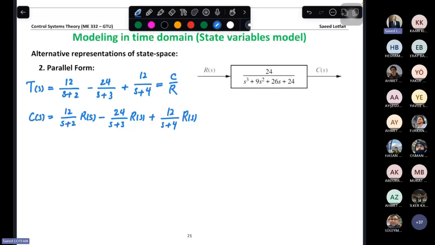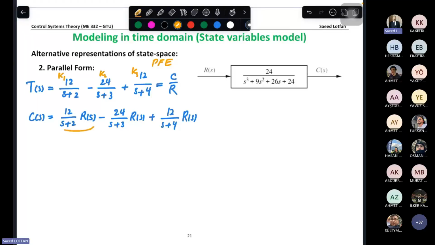Clear how we wrote these things? So this is like k1, k2, k3, which is partial fraction expansion discussed in lecture 2.